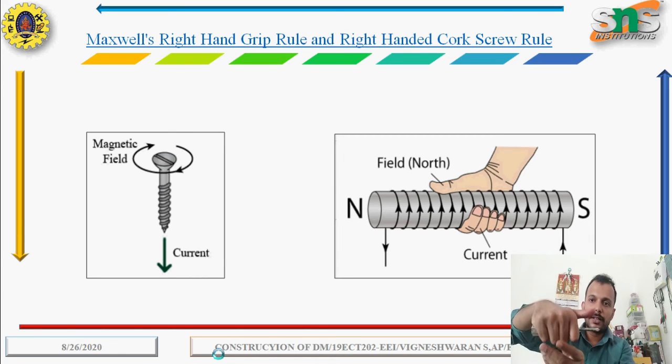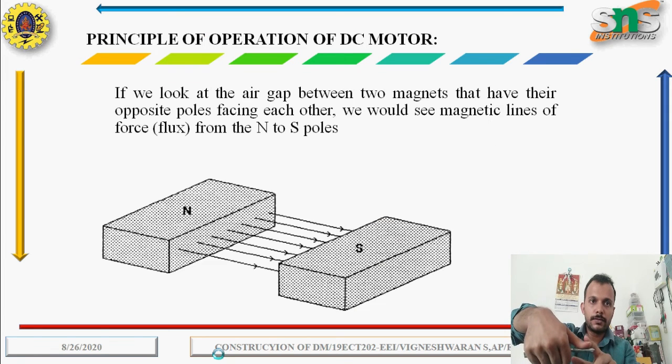Let us assume this is the current: the fingers show the current direction, and this is the field. So this is Maxwell's right hand grip rule and right hand corkscrew rule.